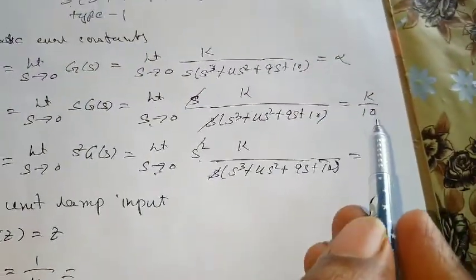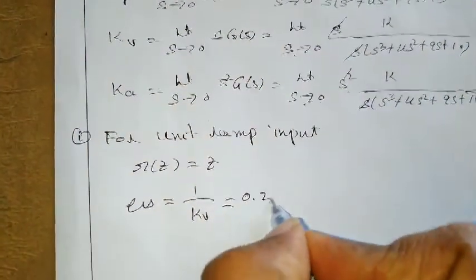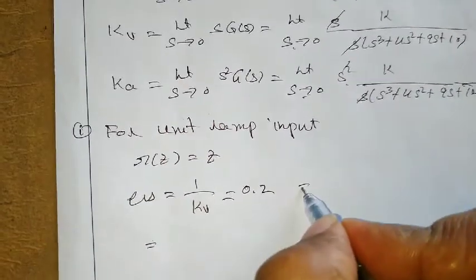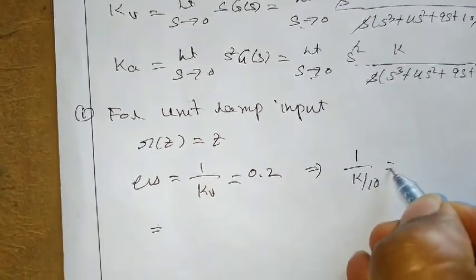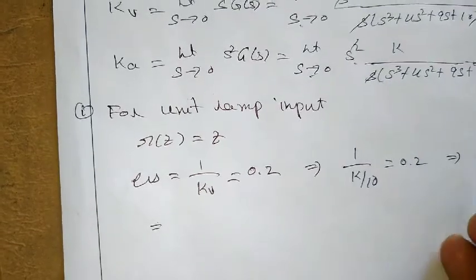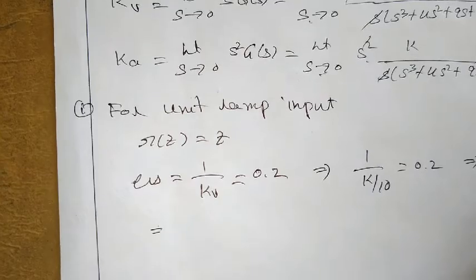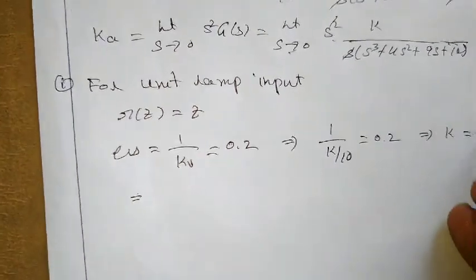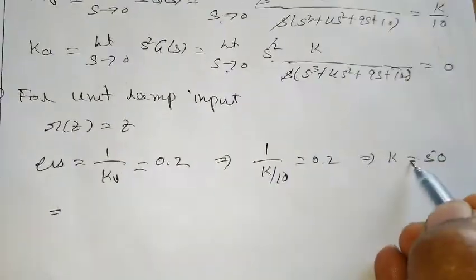So Kv value we already found out, we got K by 10. So ESS value is less than 0.2. So let us equate it to 0.2. So this implies 1 by K by 10 is equals to 0.2. This implies K is equals to 50. So now K value we got 50.